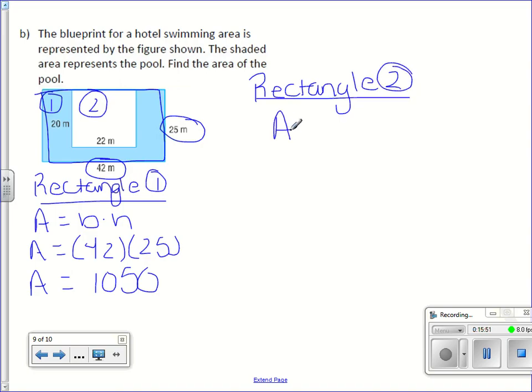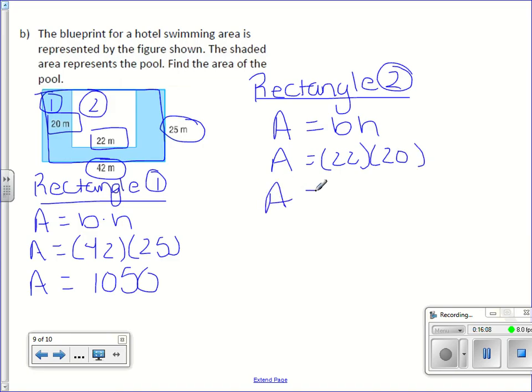Same formula. Area equals base times height. This time, the base and height are along the edges of that white rectangle. So area equals 22 times 20. Area equals 440.